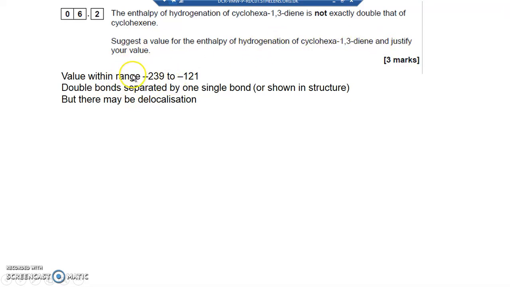We've done that. So double bonds are separated by one single bond, but there may be some delocalization. So that explains why it's more stable than you'd expect. Double bonds separated by a single bond, but there may be some movement of electrons between the two bonds. So it might not just be double, single, double. Sometimes there's movement of electrons even between two double bonds separated by a single. Difficult question.